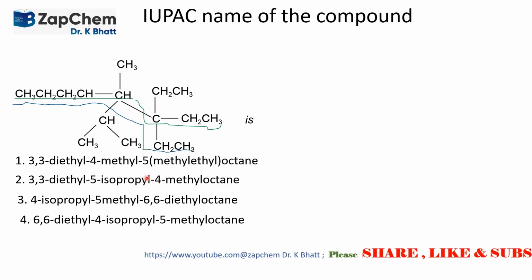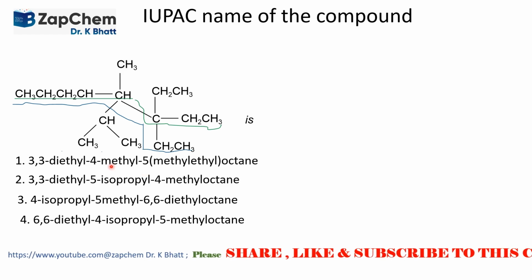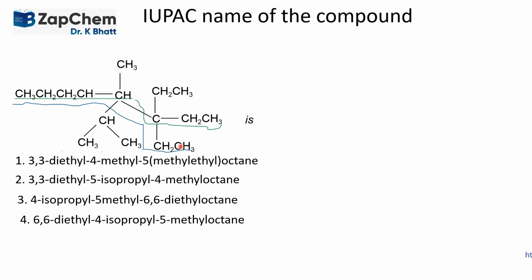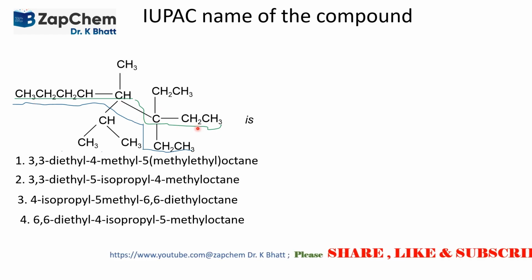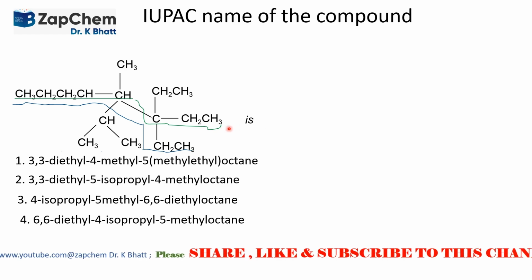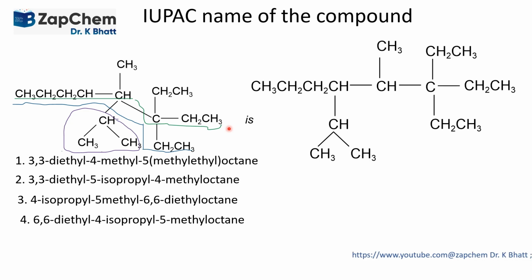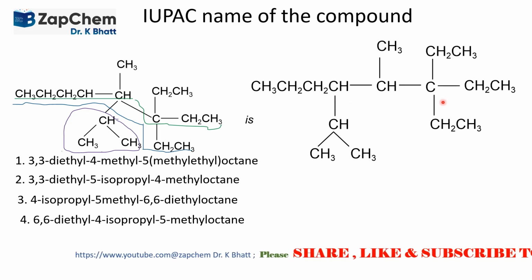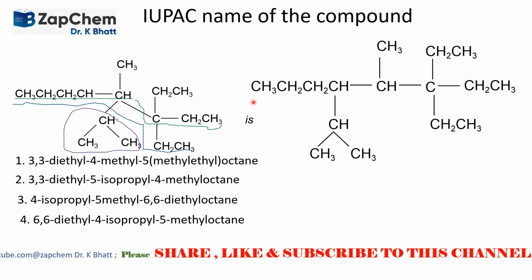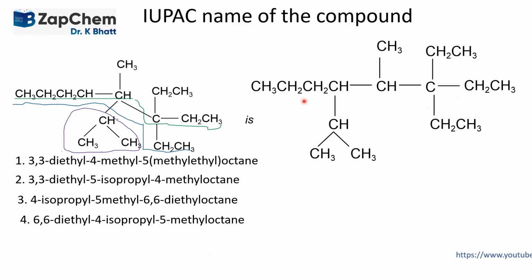So definitely diethyl has to be taken care of, and we find there is a diethyl group in the chain marked with the green lines. Therefore, it is always better to write it in a proper manner so that we can make it out conveniently. And if you write it properly, the 8 carbon atoms are represented in this chain.